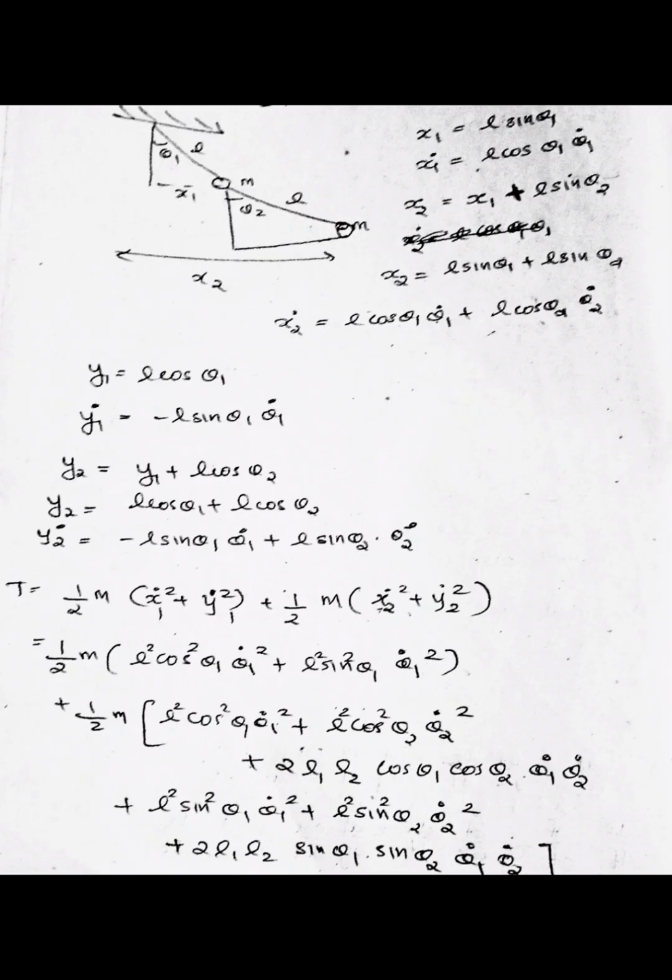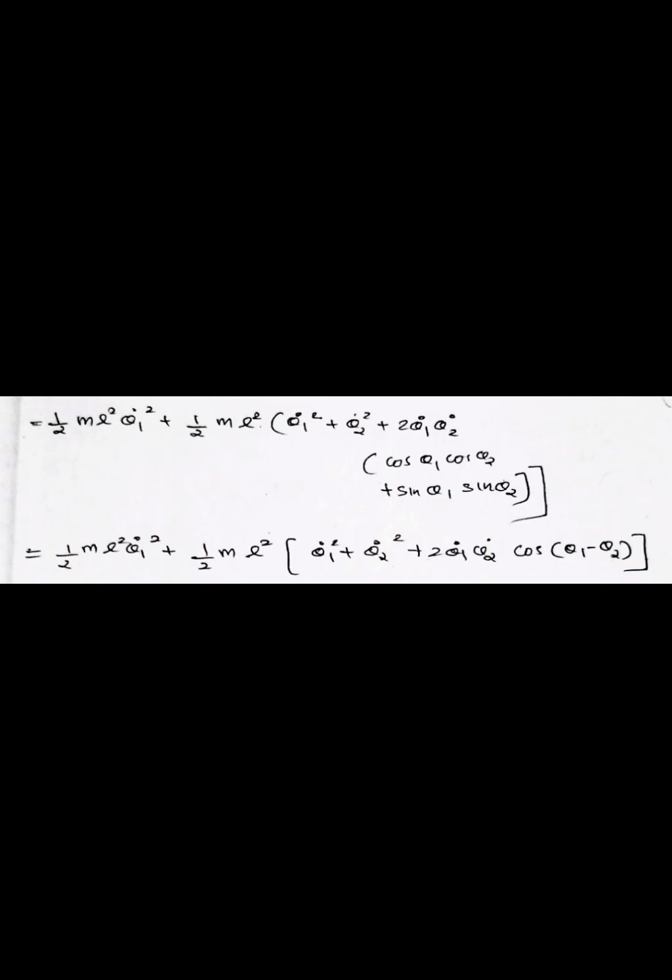And this can be written as half m L square theta 1 dot square plus half m L square into theta 1 dot square plus theta 2 dot square plus 2 theta 1 dot theta 2 dot into cos theta 1 cos theta 2 plus sin theta 1 sin theta 2.